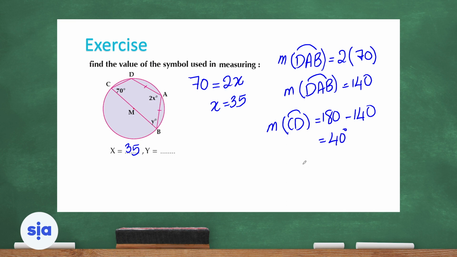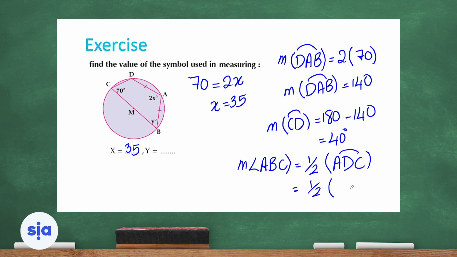To find y, it is the inscribed angle for the arc ADC, where AD is half the 140, which is 70. So the measure of angle ABC is half the arc ADC, which is half of the 70 plus the 40, which is 55.